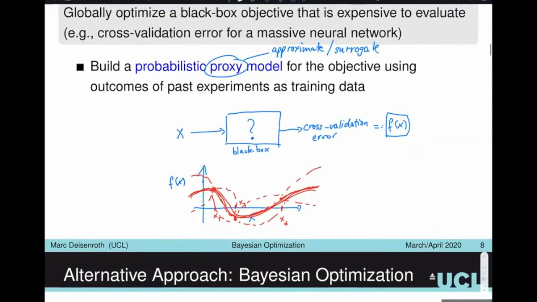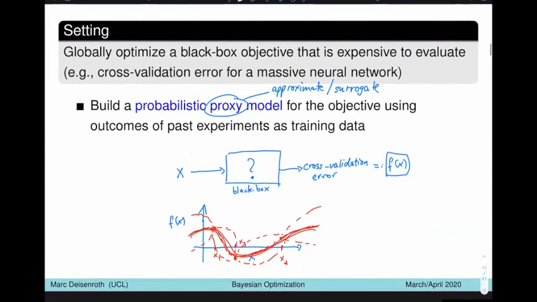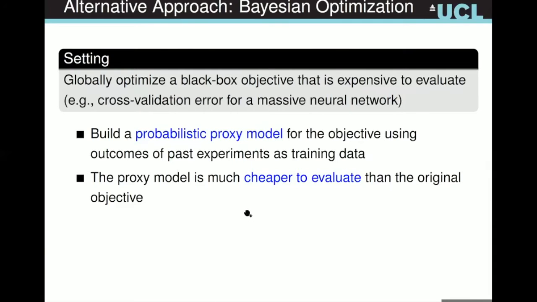Yeah, so this is the setting that we will be looking at. This approximate model is much cheaper to evaluate than the original objective, because we don't have to wait for 2 weeks to get a function evaluation.